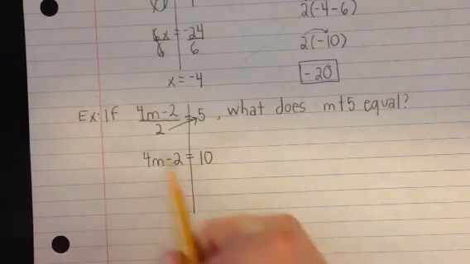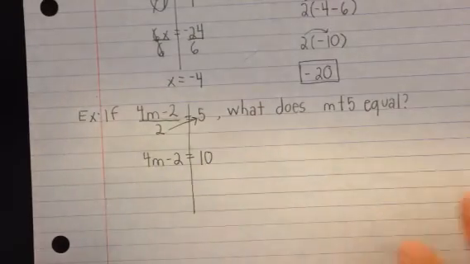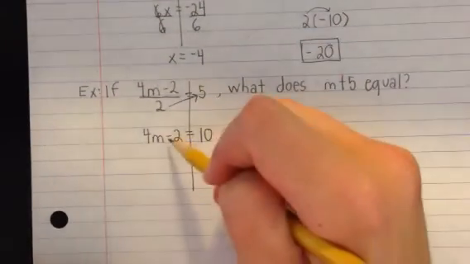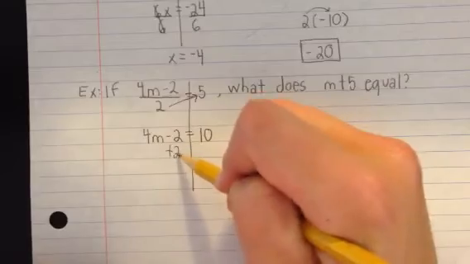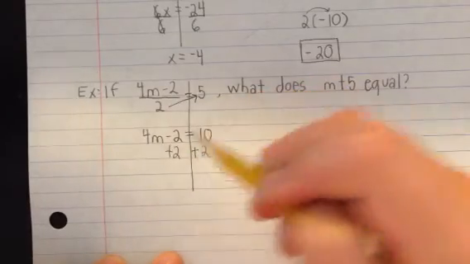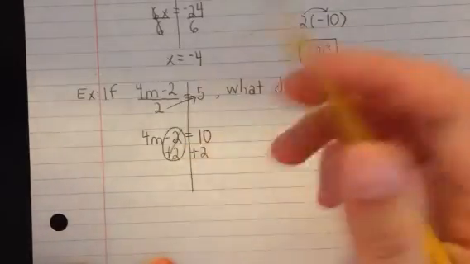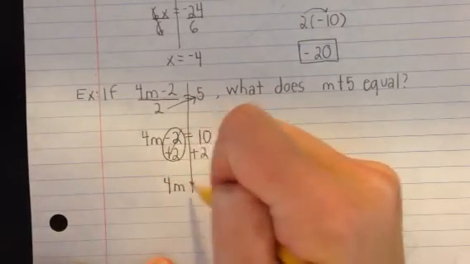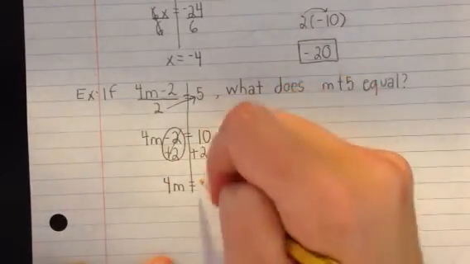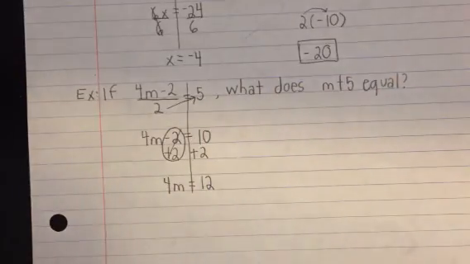Okay, so now that it's cleaned up and looks nice and neat, I can go ahead and get rid of this minus 2 by adding 2 to both sides. That creates our 0 pair again. Cancels, so we've got 4m equals 10 plus 2 is 12.